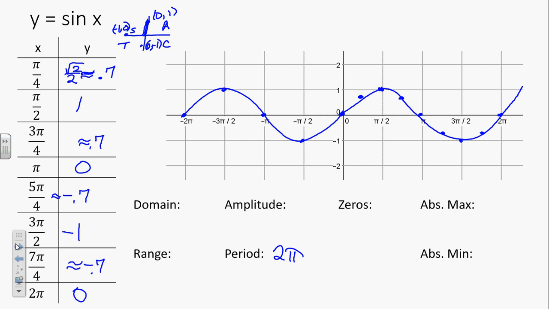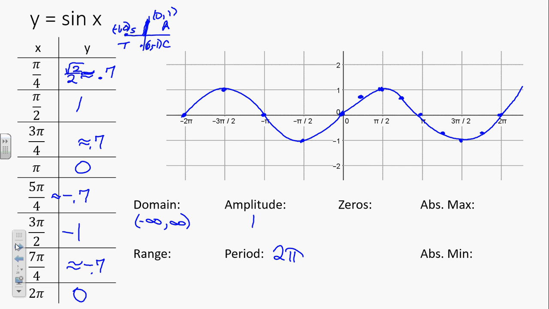All right, so what's the domain of the sine of x? Negative infinity to positive infinity. All real numbers. Okay? What is its amplitude? 1. From the center line to the top, its highest value is 1. Where are its zeros?